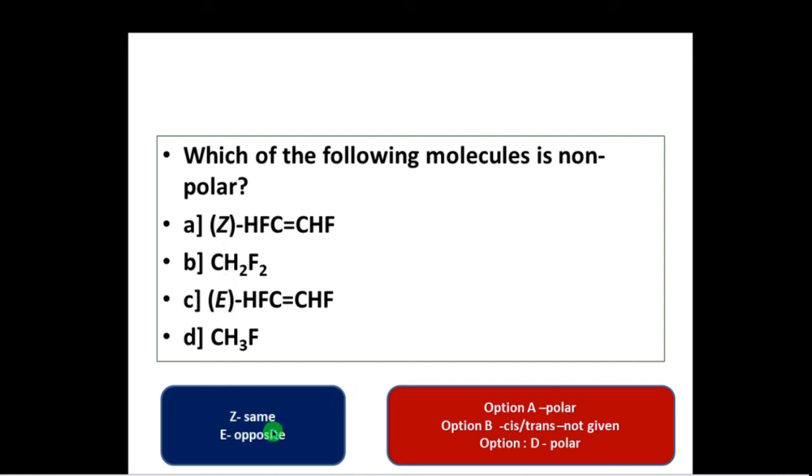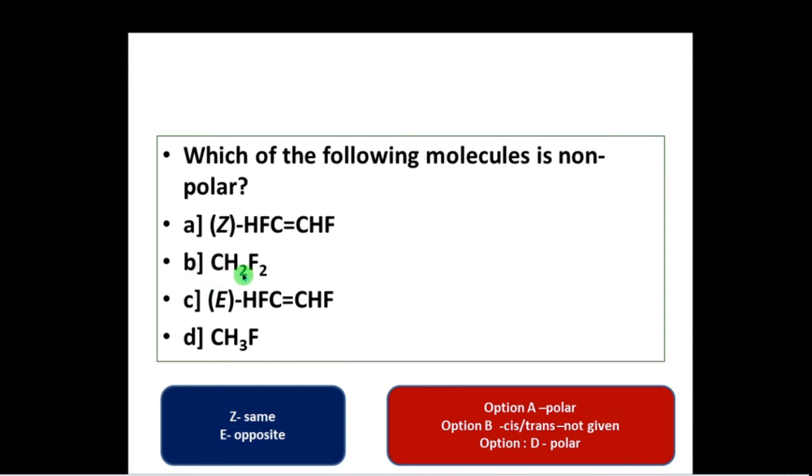Z means the same side and E means the opposite side of the substitution present here. The question asks which is non-polar among the options. Option A is supposed to be polar. Why is it polar? The fluoro groups are on the same side, so they can attract the electrons towards themselves, so it becomes polar.